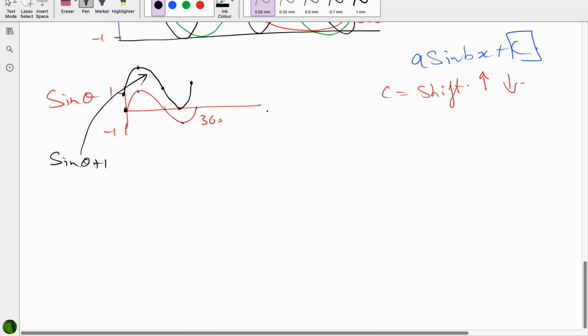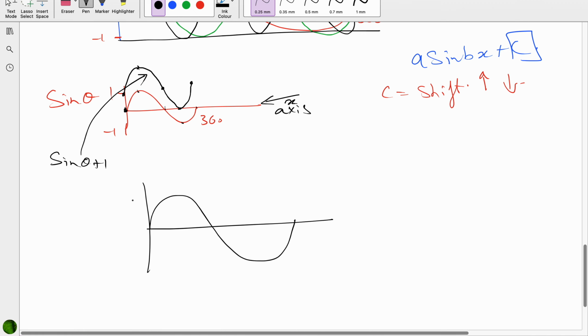It is always easier to move the x-axis than moving the graph. For example, we had the graph of sine theta. This is 1, this is 0, this is -1, and I tell you to draw the graph of sine theta minus 1.